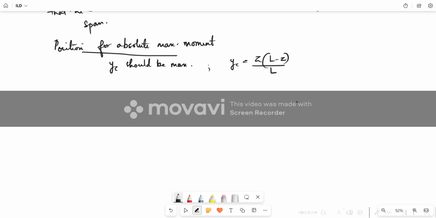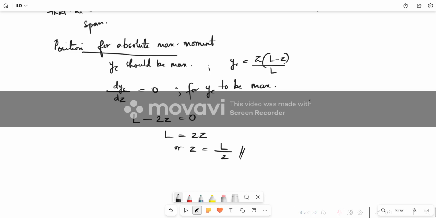So for YC to be maximum, dYC by dZ should be equal to 0, isn't it? When YC is maximum, multiplied by load, you get the absolute maximum moment. So differentiate this expression with respect to Z, and what you get is L minus 2Z equal to 0, or L is equal to 2Z, or Z is equal to L by 2.